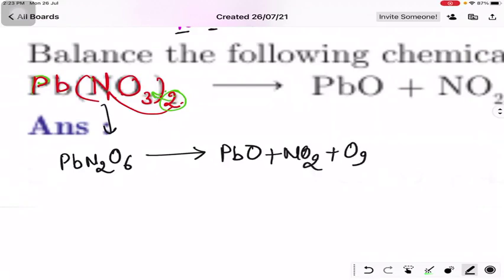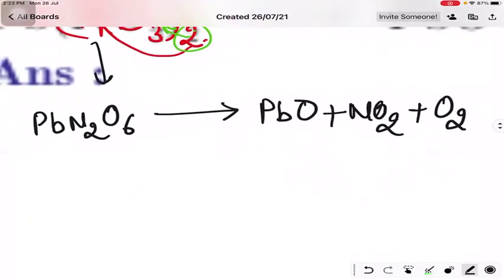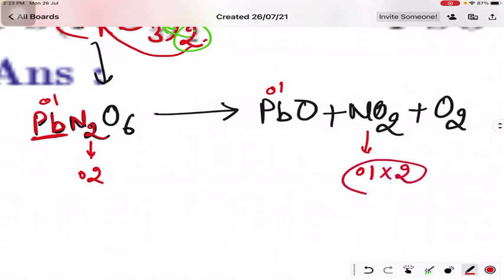Okay, now start balancing. This is on your rough work. Now you have to balance lead and nitrogen first. Lead on both sides is 1. But nitrogen on left hand side, number of nitrogen atoms are 2, but on right hand side it is 1. So make it 2 by multiplying this whole factor by 2.